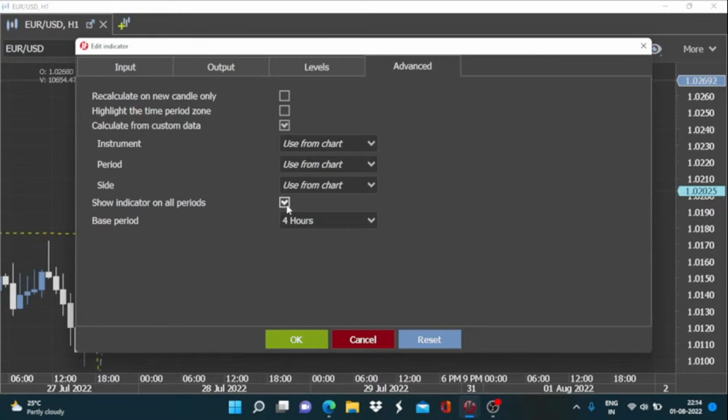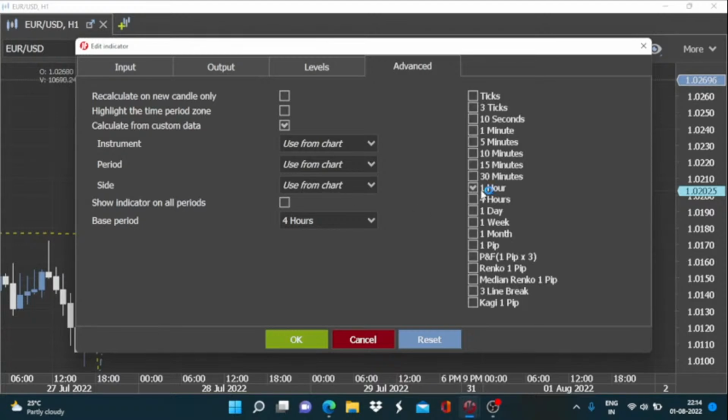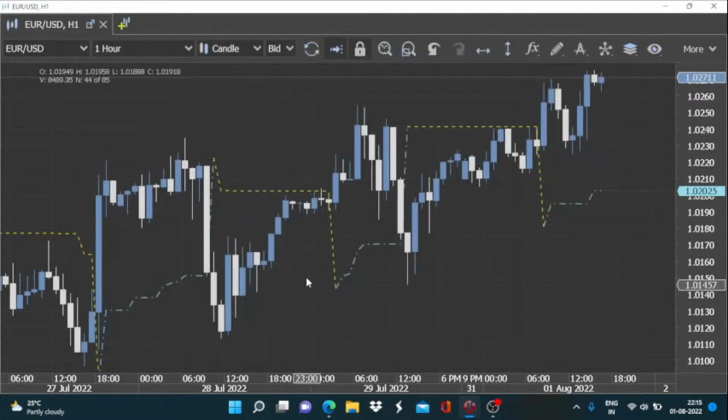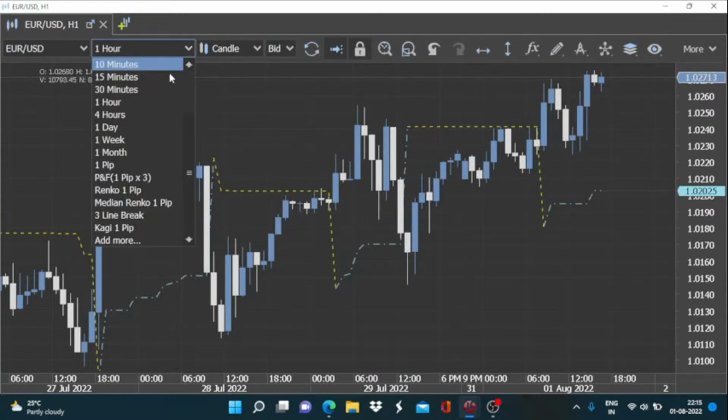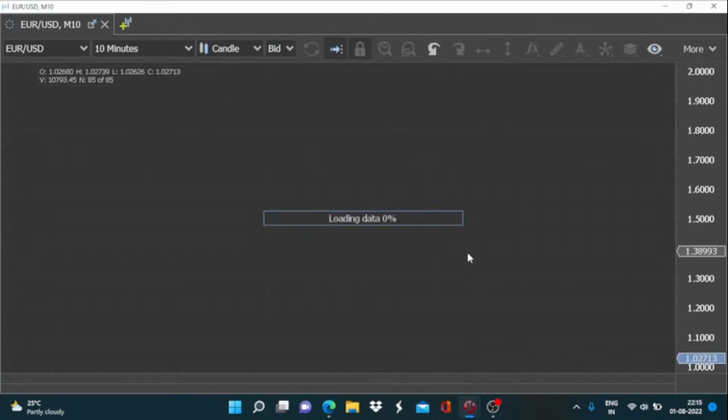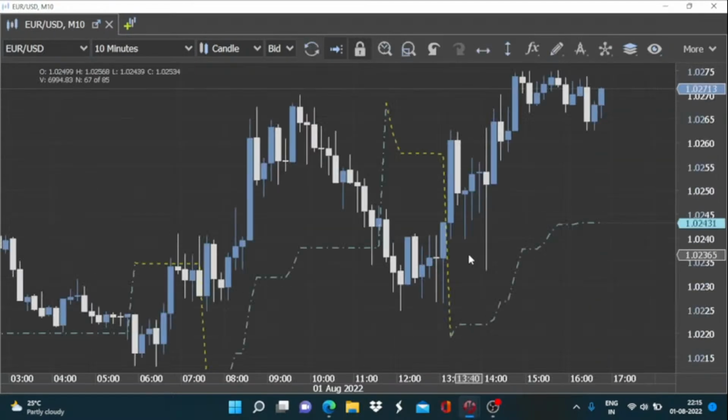But if I opt out of this, then there will be no plotting of the super trend whenever I change this chart from the hourly to any other time frame, unless I tick that box and specify that the plotting of the indicator be done on 10 minutes and hourly. So if I opt for that, the indicator will be plotted only on 10 minutes and hourly, but no other candle period. We will see this chart appearing there.